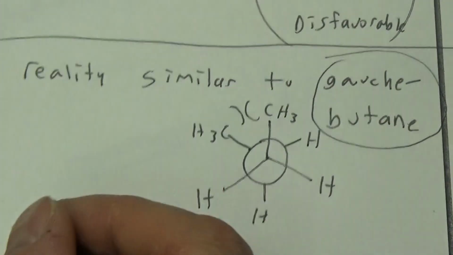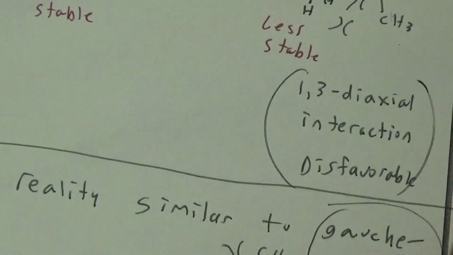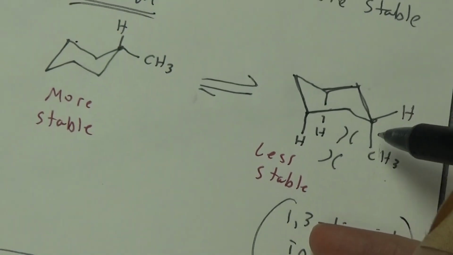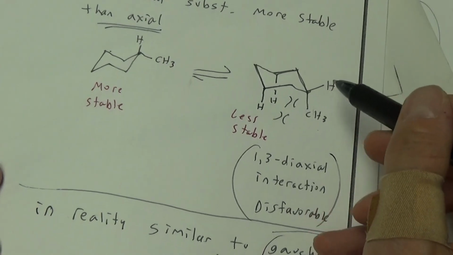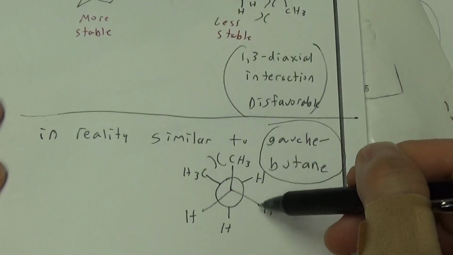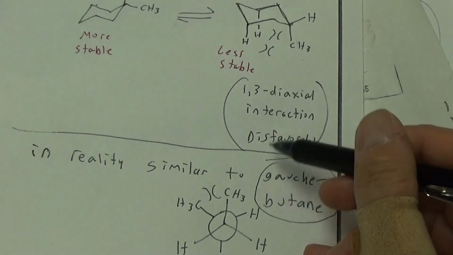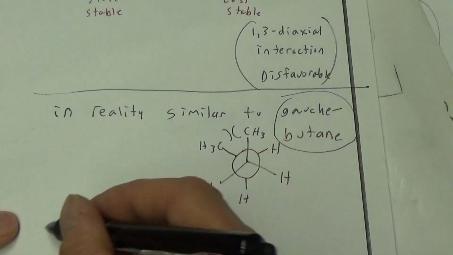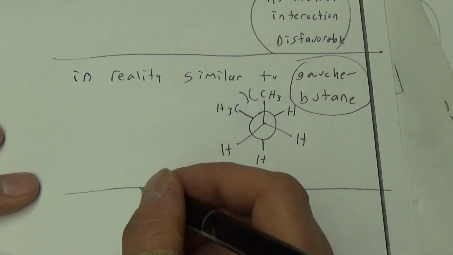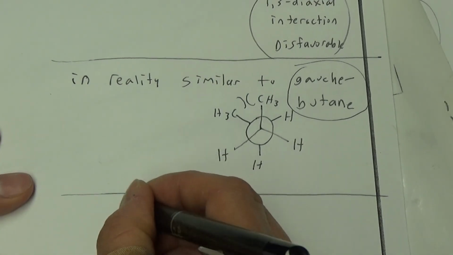There's a figure in the book that shows how axial substituted cyclohexane is also kind of like a gauche butane interaction. I just like drawing it this way, but let's show the figure. It's figure 412.